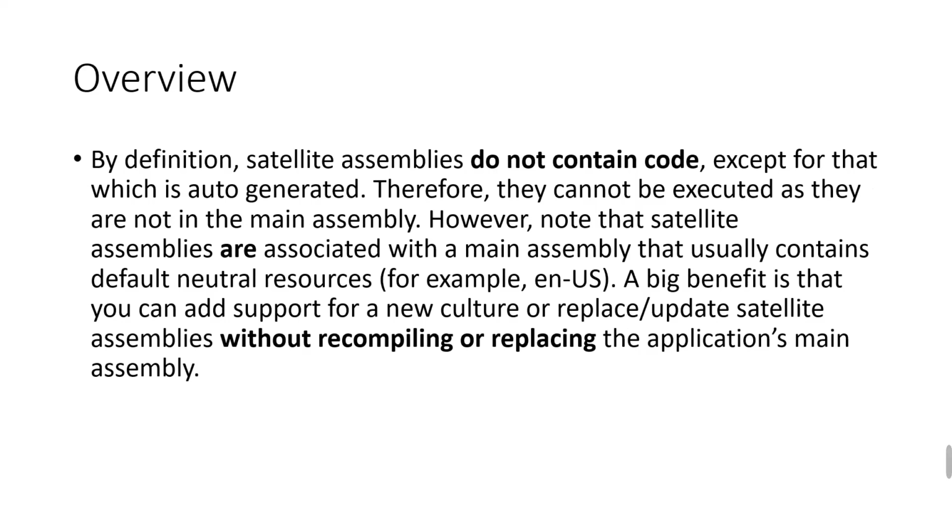If we talk about the overview of satellite assemblies, a satellite assembly does not contain code except for that which is auto generated. Therefore they cannot be executed as they are not in the main assemblies. So resource assemblies should be in the main assembly, and accordingly the appropriate satellite assembly is used for the functionality.